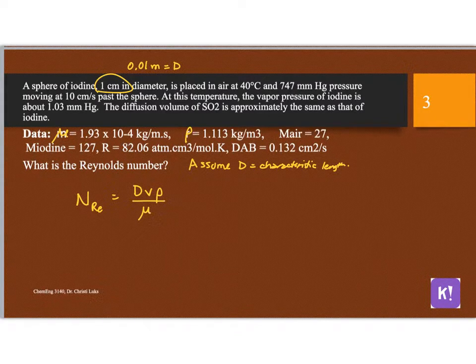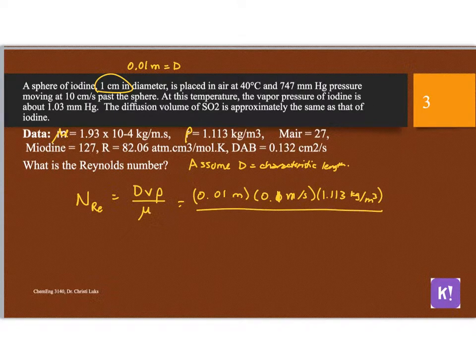My velocity is 0.1 meters per second, the density is 1.113 kilograms per cubic meter, and the viscosity is 1.93 times 10 to the minus 4th kilograms per meter per second.